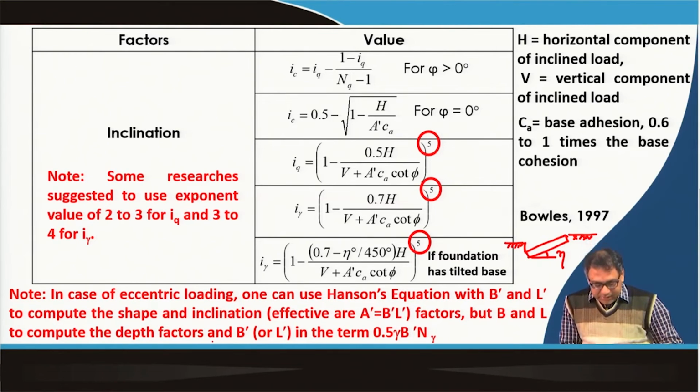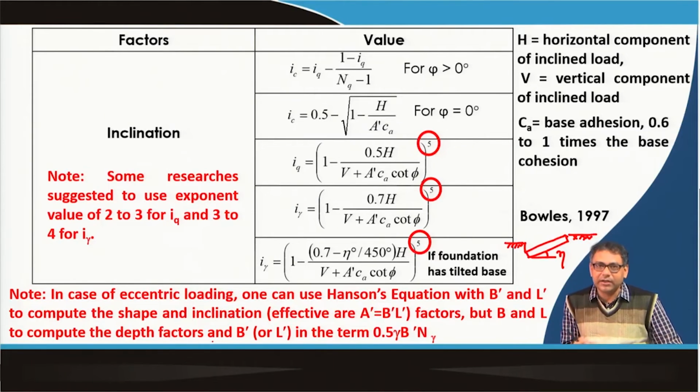So, if the loading is parallel to L, then we have to check both the conditions, that means taking B dash as well as L dash. I will explain what I have discussed right now through an example problem.